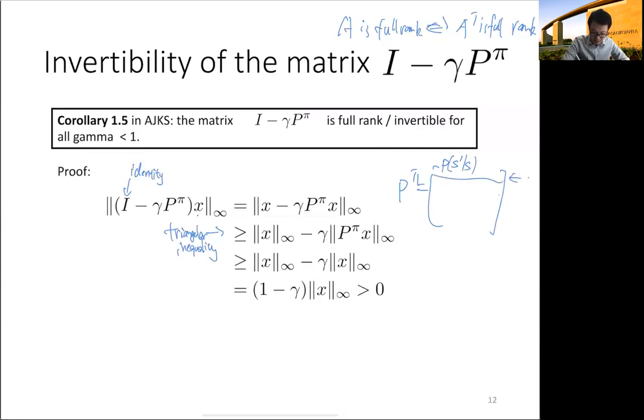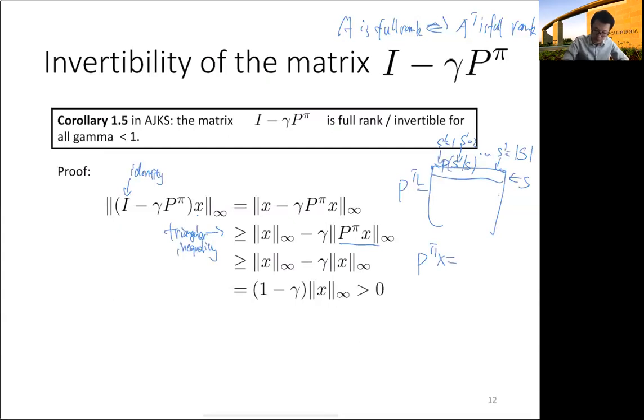So this is S, and all these values are the probability of S prime to be 1, S prime to be 2, up to S prime to be the cardinality of the state space. So what this is saying is that every row of this P pi matrix adds up to 1, right?